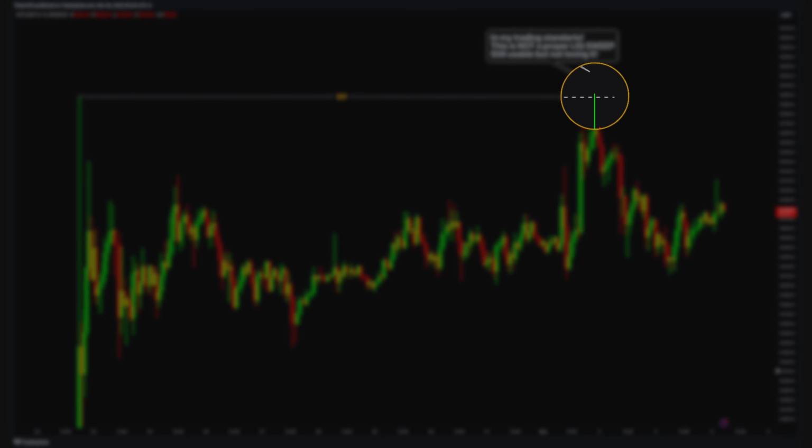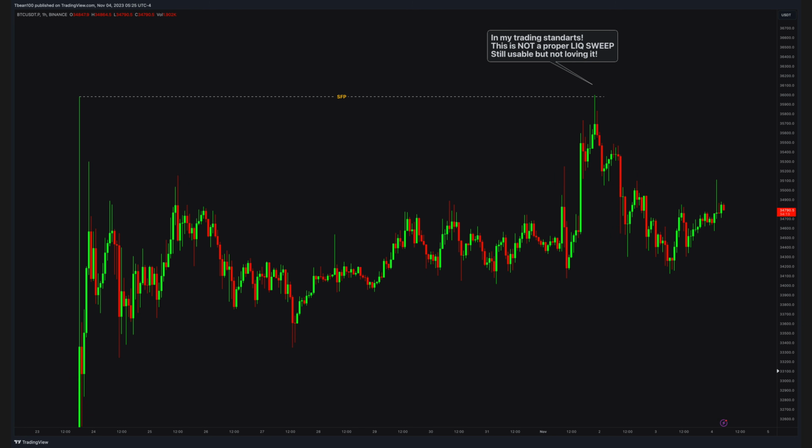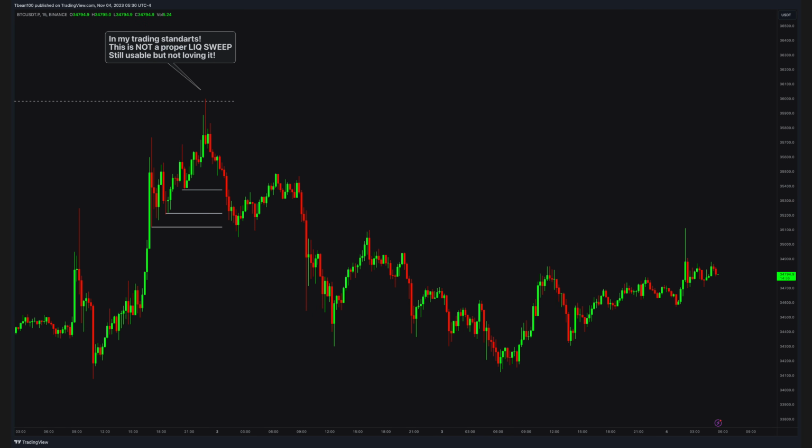These are not proper. Yes, it is a usable liquidity sweep, and I used it as one. Still though, I do not love it. After the sweep, you can see price takes over all of the inner swing lows and pushes itself again after this imbalance. Then it makes a break of structure and pulls back to its imbalance again.